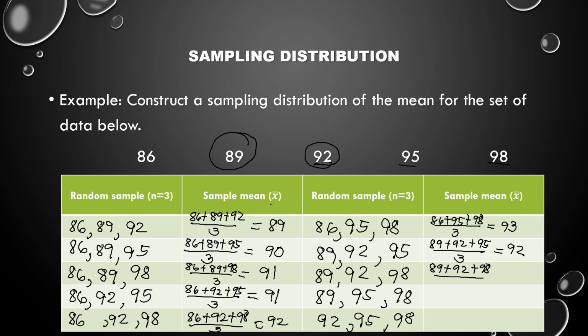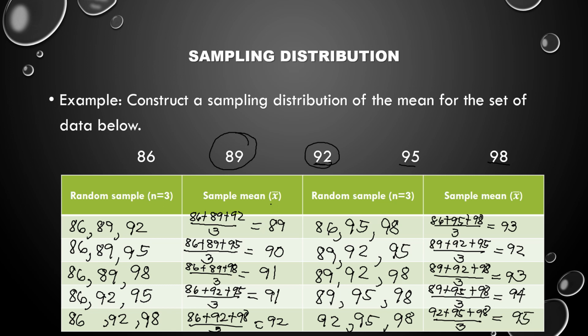We divide that by 3, and that will be equal to 93. Next one, we have 89 plus 95 plus 98. We divide this by 3, and that will be equal to 94. And lastly, we have 92 plus 95 plus 98. We divide this by 3. This is equal to 95 as your sample mean.